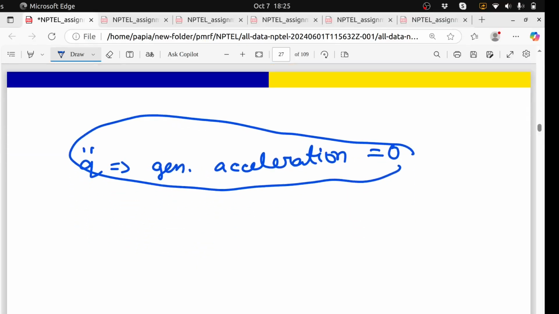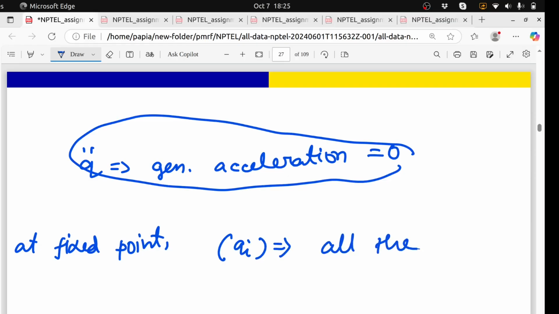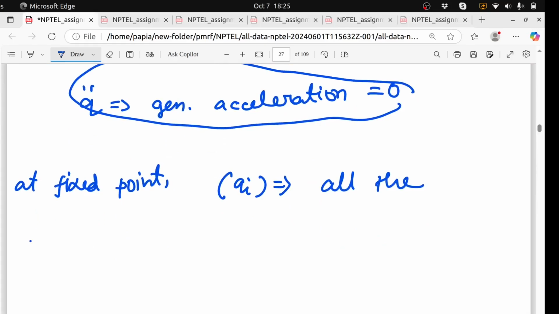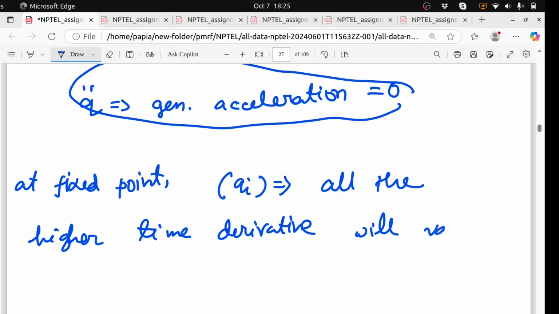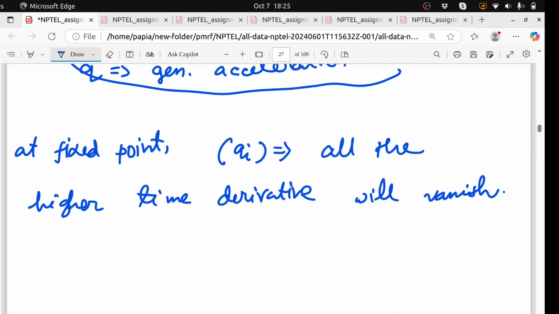So at fixed point Q_i, all the higher time derivatives will vanish. That is the main point for this fixed point.